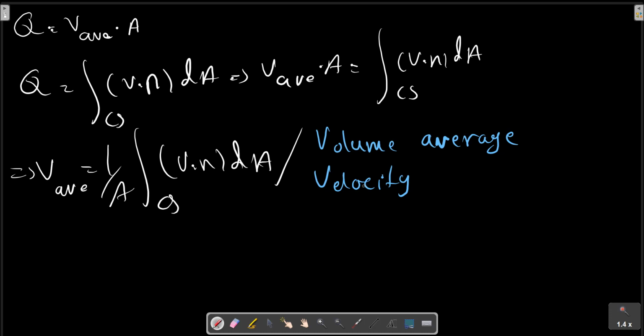If the density varies across the section, we can define an average density in the same manner.